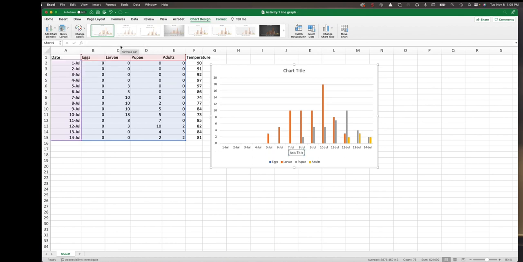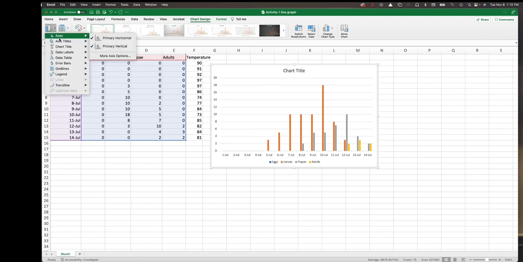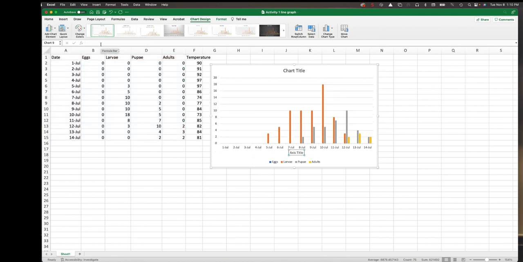What information is showing on the horizontal? Each of those represents a day. So I'm going to insert Axis Titles, Horizontal, and that axis title is Date of Observation.